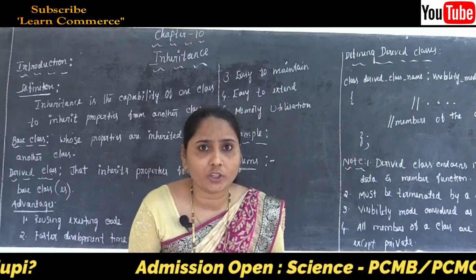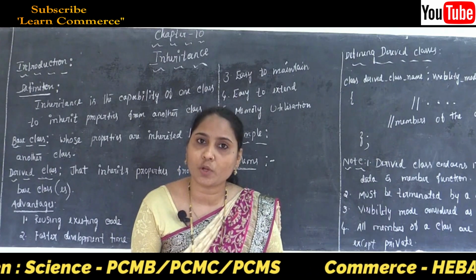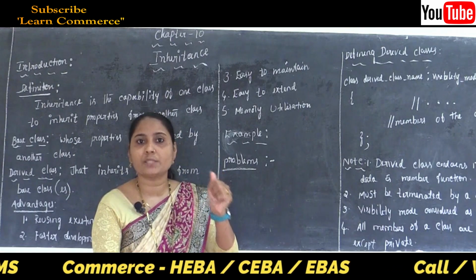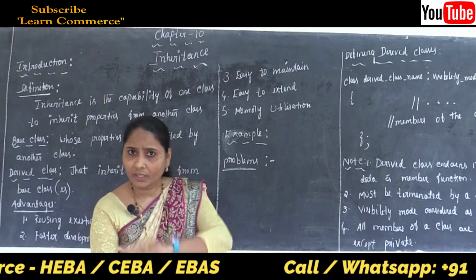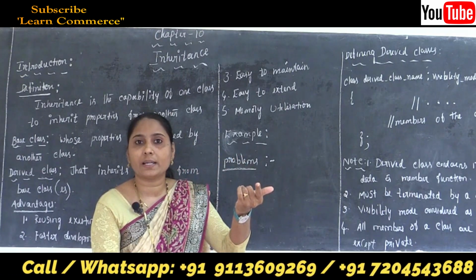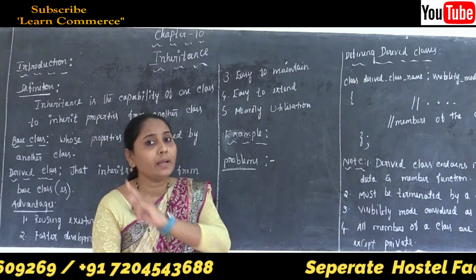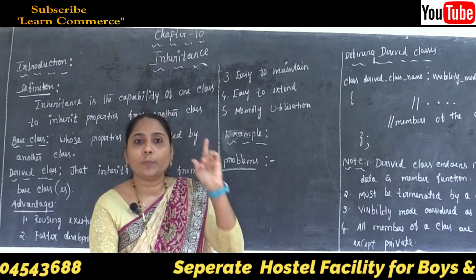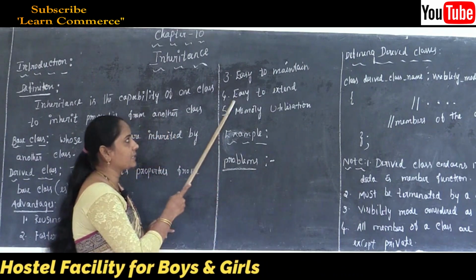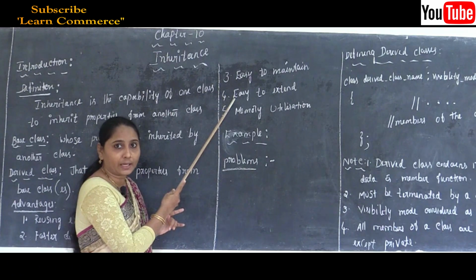Because inheritance supports one concept: we construct a new class, and how? By forming one class from an existing class. The process of forming a new class from an existing class makes it easy to extend from one class to another.